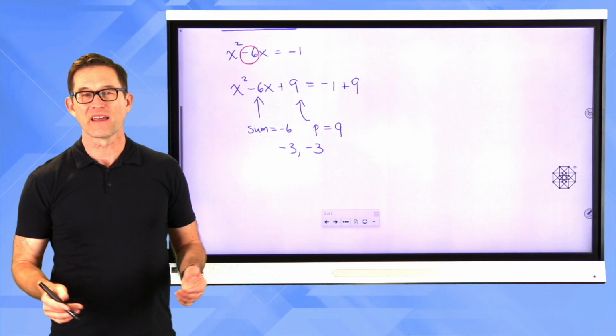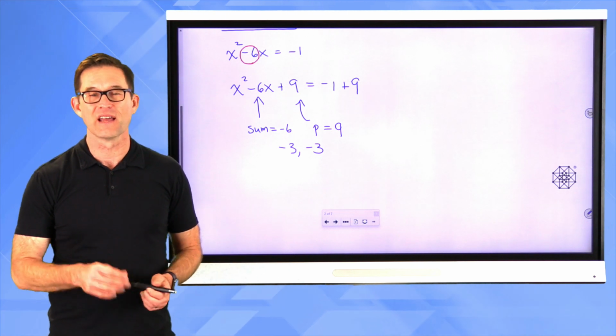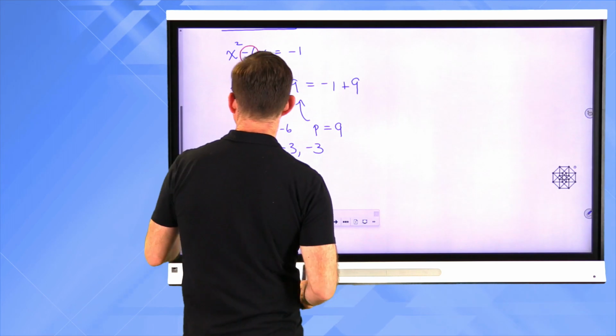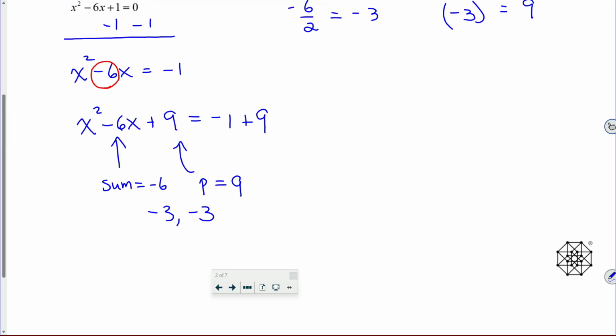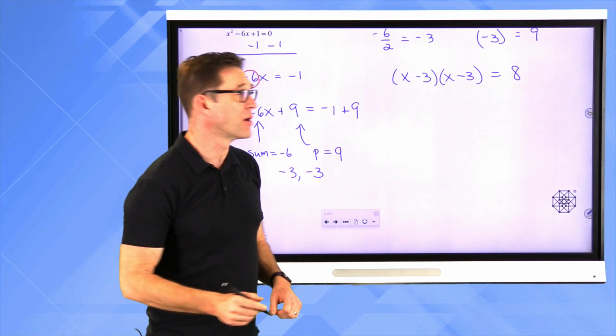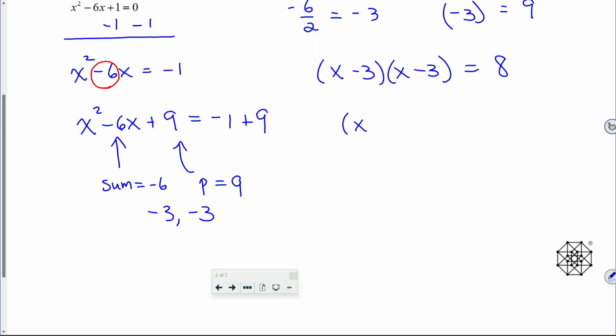Negative 3 plus negative 3 is equal to negative 6, and negative 3 times negative 3 is equal to positive 9. So the left-hand side of that equation factors into x minus 3 times x minus 3. Of course, the right-hand side of the equation is just 8. And now, because we have identical binomials there, we can rewrite this as x minus 3 quantity squared equals 8.